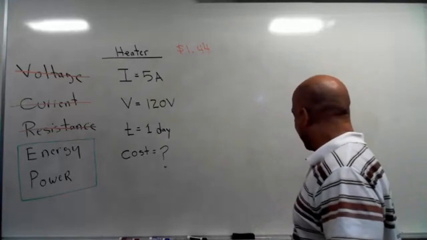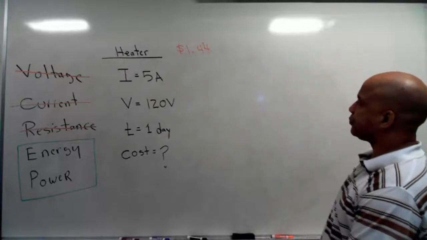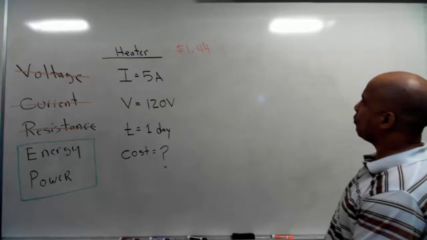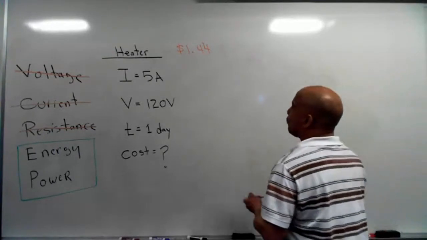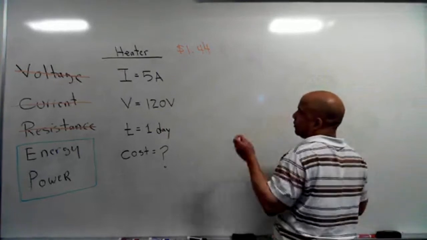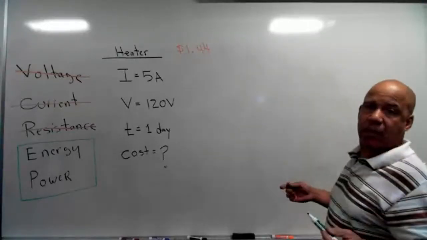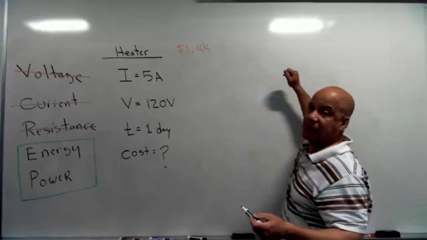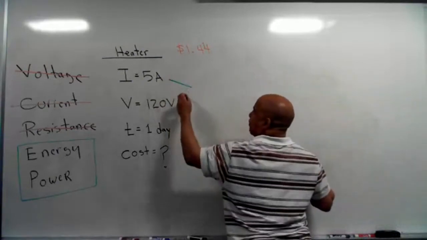So, all right. So what's the first thing I got to do here? What do I do first? P equals voltage times current. Okay. I got to get the power first. I got to get the number of kilowatt hours. Remember, I got to take kilowatts times hours. So what he's saying is I can take these two.